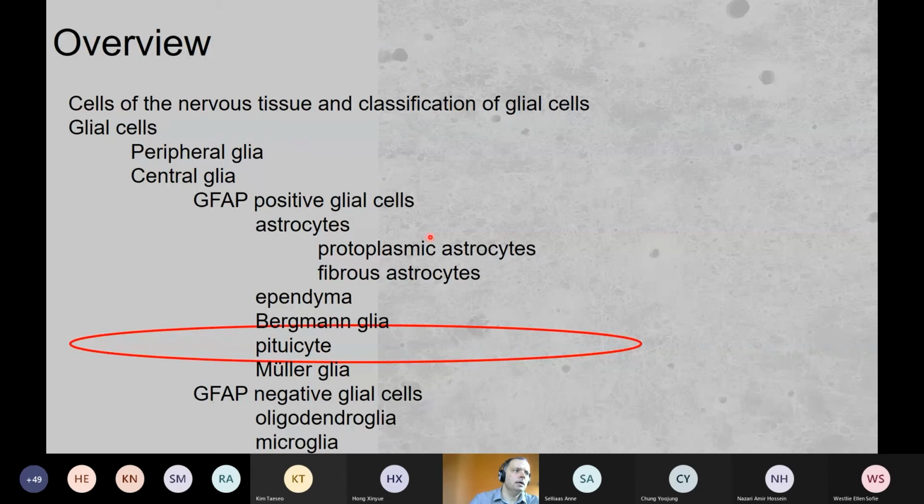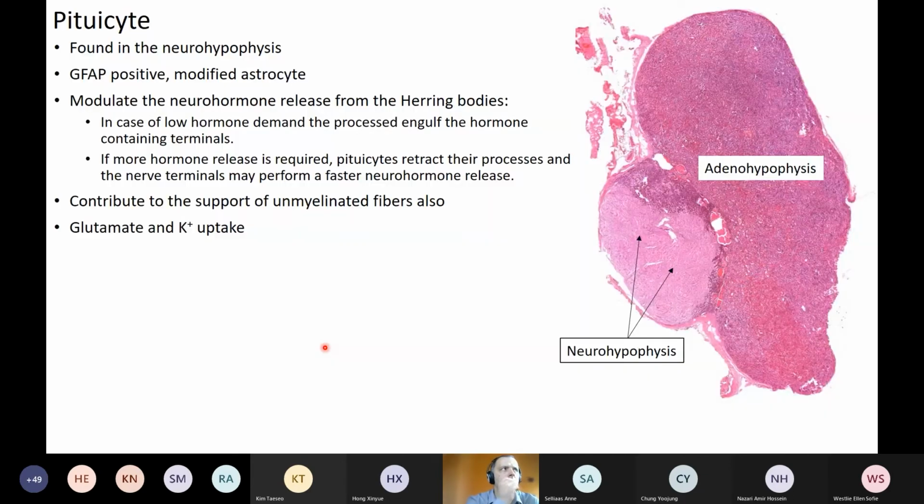Then we turn to the pituicytes now. The pituicytes are again modified cells, modified astrocytes. One can find them in the pituitary gland. More specifically, we have in the pituitary gland this posterior lobe, which we also may call neurohypophysis.